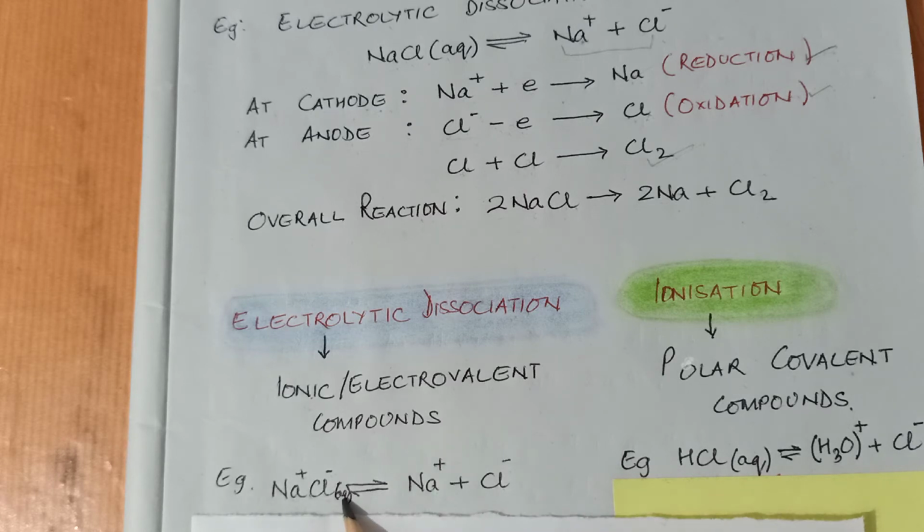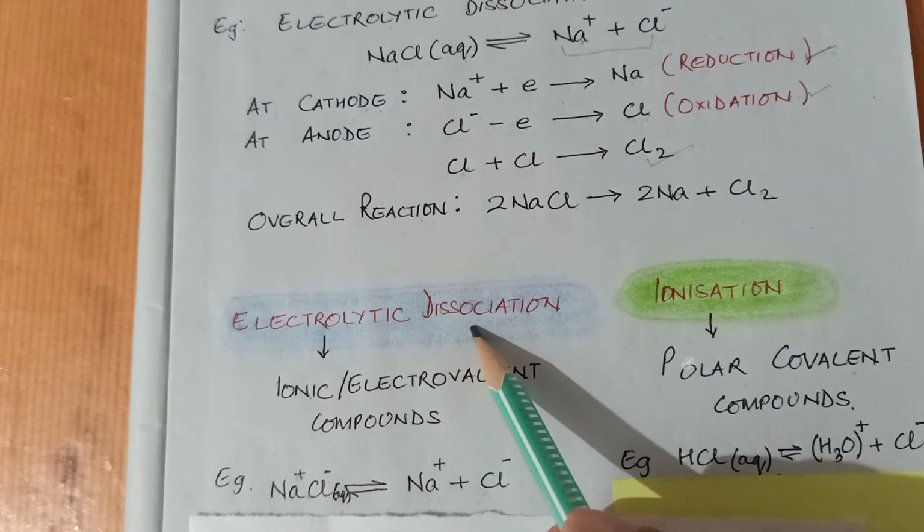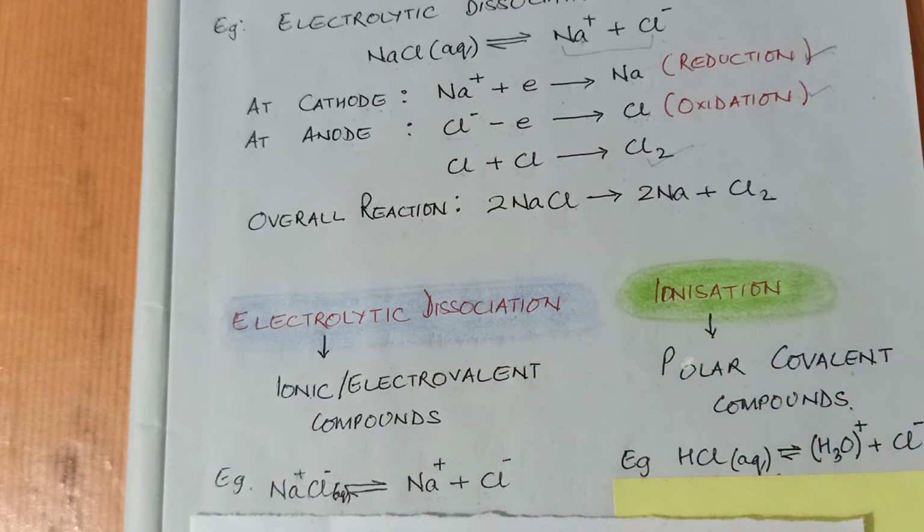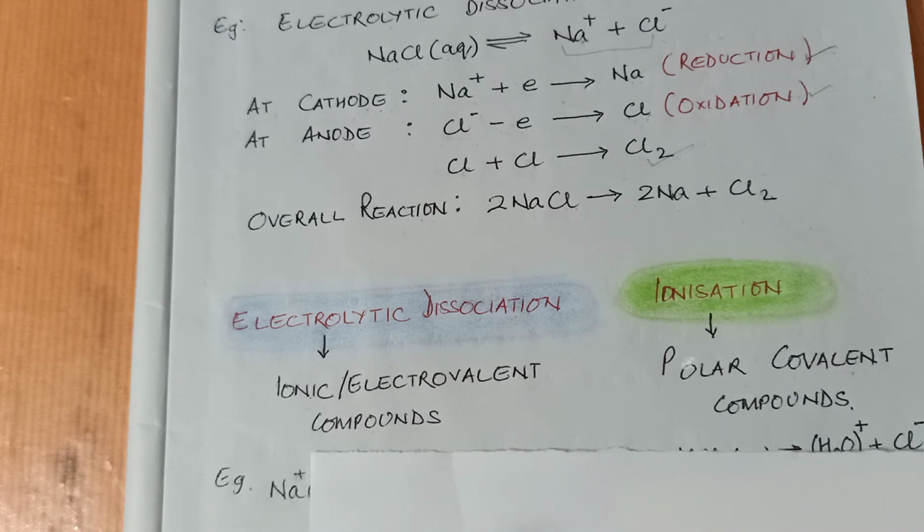The water molecule helps to split these ions into free cation and anion. This process is known as dissociation. There are already ions; splitting of ions is known as dissociation.